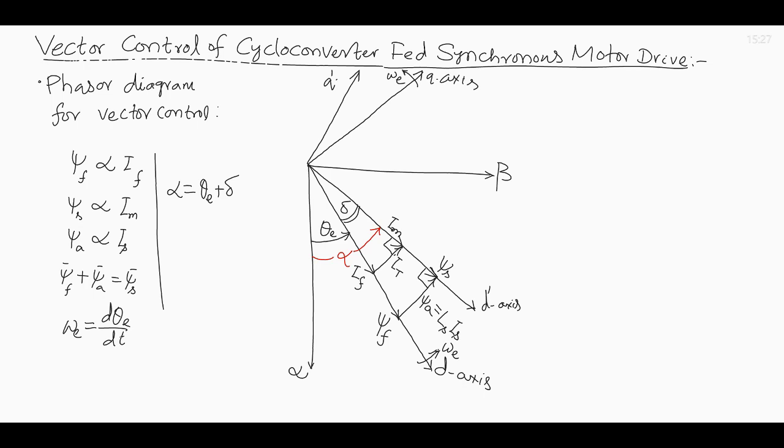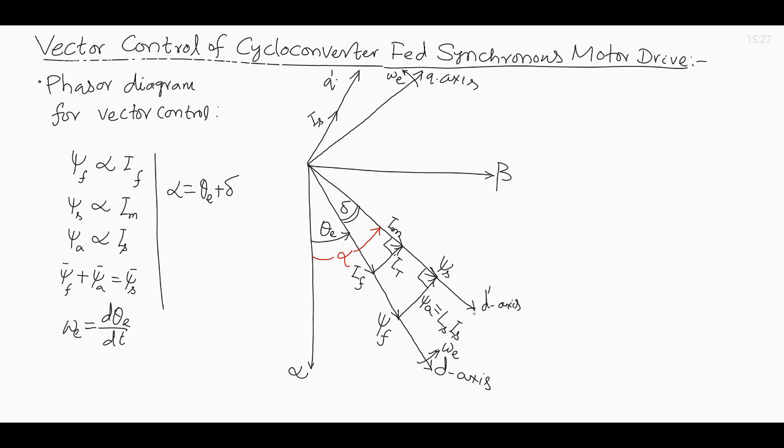It is the torque component of the current, and that is also the stator current Is for unity power factor. You see, the stator flux linkage psi s is along the d dash axis.